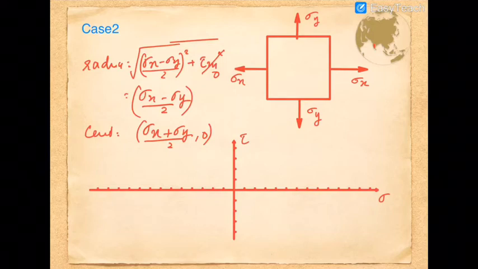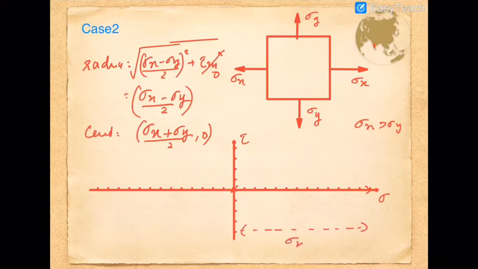Another way we can construct this is by plotting the respective sigma x and sigma y. Suppose sigma x is greater than sigma y. I first mark sigma x from 0 to this point, so this much distance is nothing but sigma x. Now I can construct another point, sigma y, and the tau value, the shear stress, is 0.